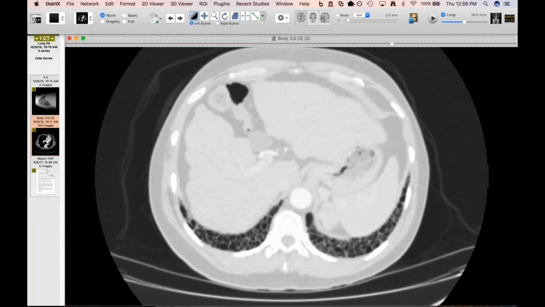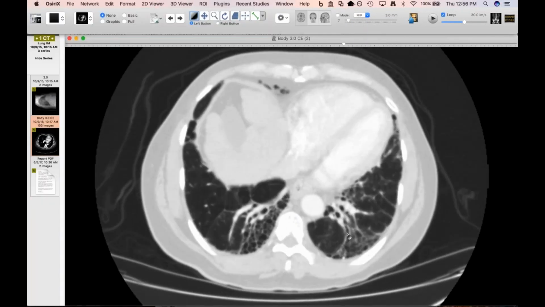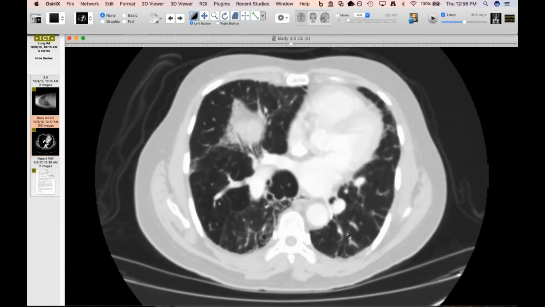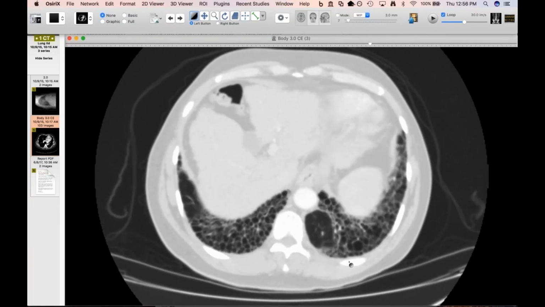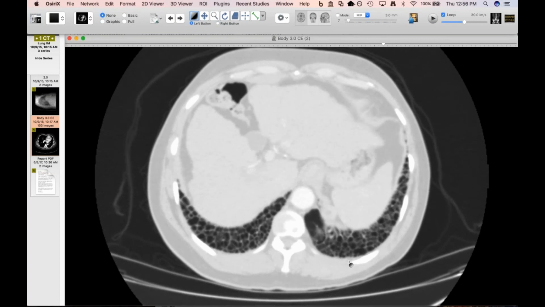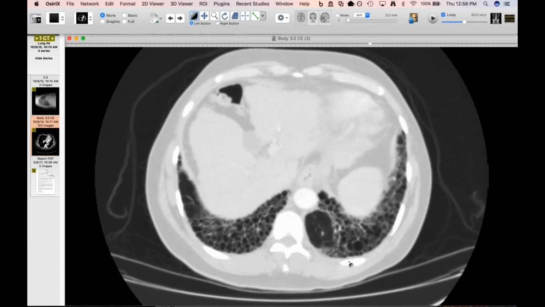So these may be cysts as a result of connective tissue disease rather than UIP honeycombing. David, I don't know what your discussion was last week, but I think looking at the case, it's similar to this, although yours was more dramatic.